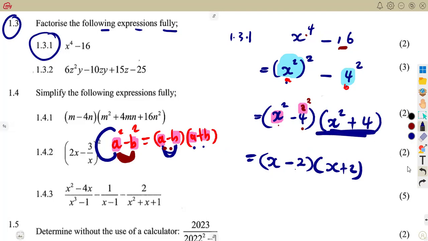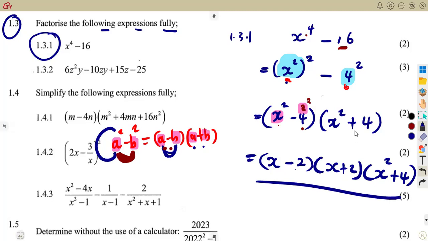What about this one? Can we factorize this? No, it's impossible, so you just rewrite it as it is: x squared plus 4. There is no factorization for a sum of 2 squares. We only have it for a sum of 2 cubes.